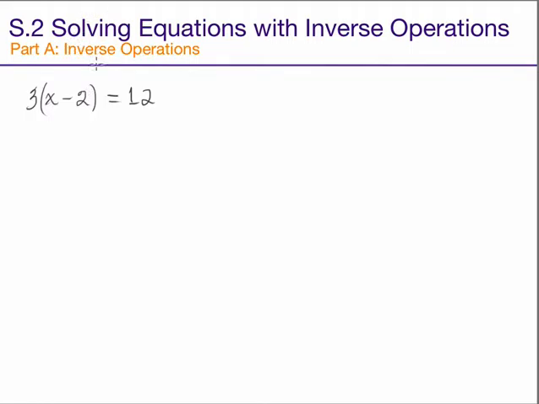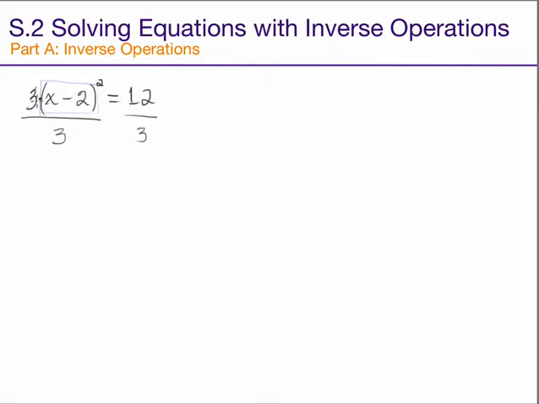Here's the same problem again, but what if it said 3 times x minus 2 all squared? In other words, this whole thing, x minus 2, is squared. I can still solve this using inverse operations. If I pretend this is in a box, and look at the fact that the box squared is being multiplied by 3, the inverse operation I need to do first is division.